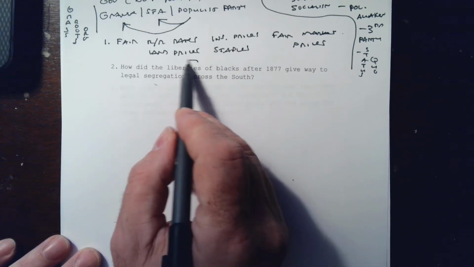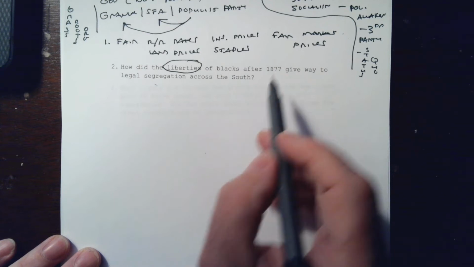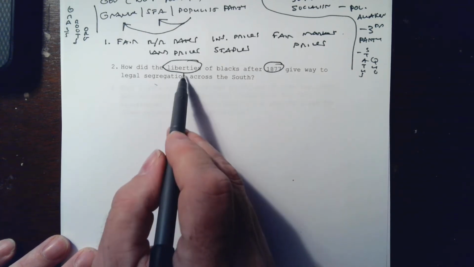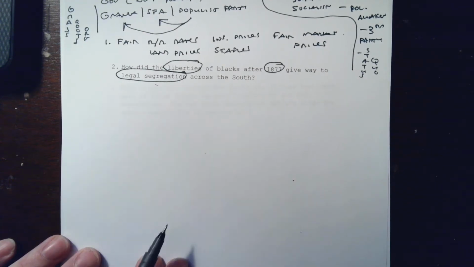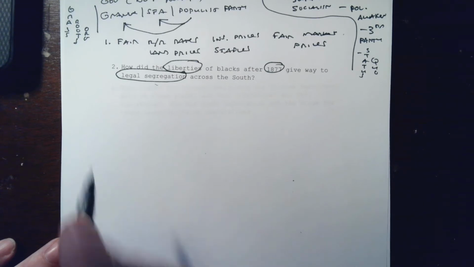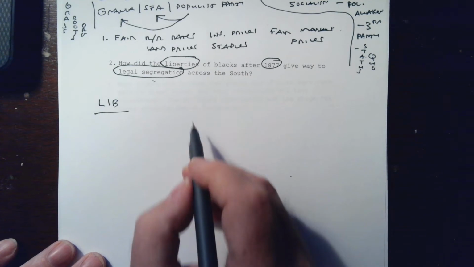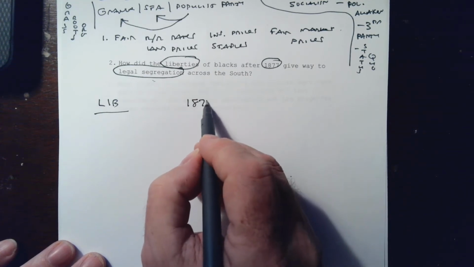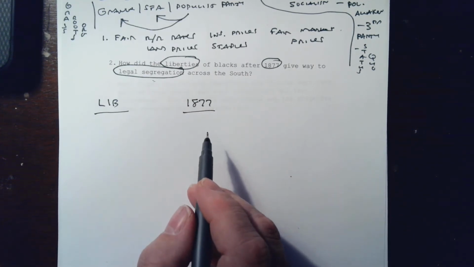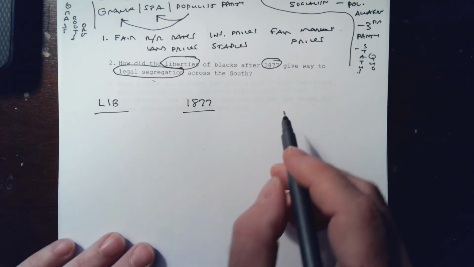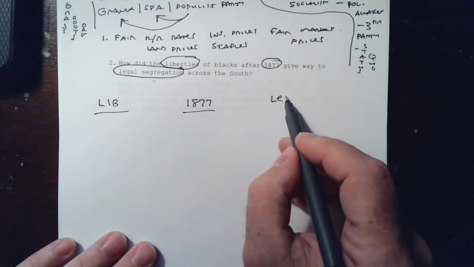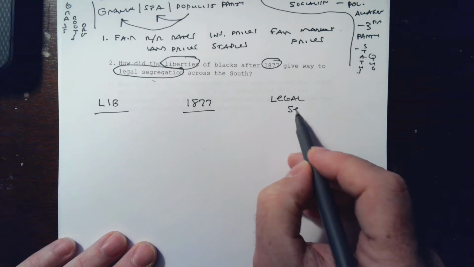So, what I would do is isolate this, and this. All right. So, the liberties you want to talk about, you want to talk roughly about what the significance of 1877 is going to be, and this legal segregation.